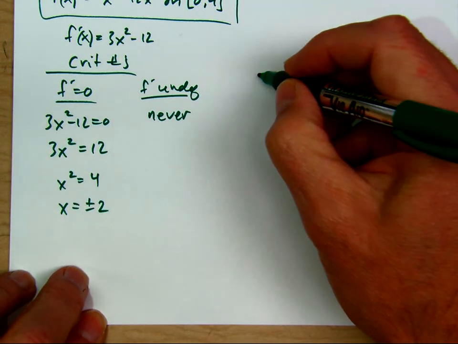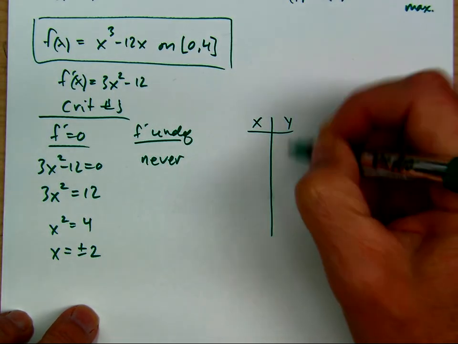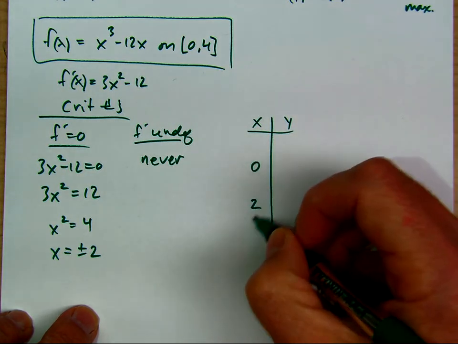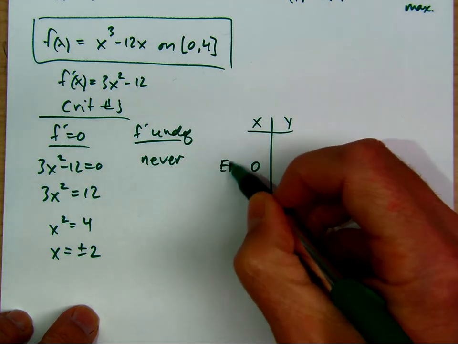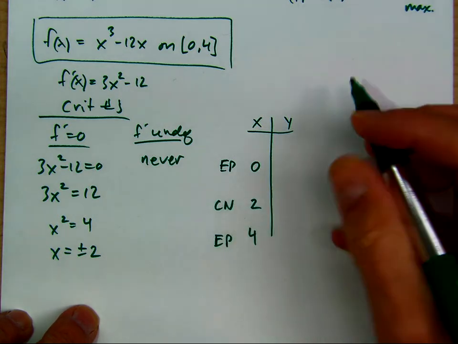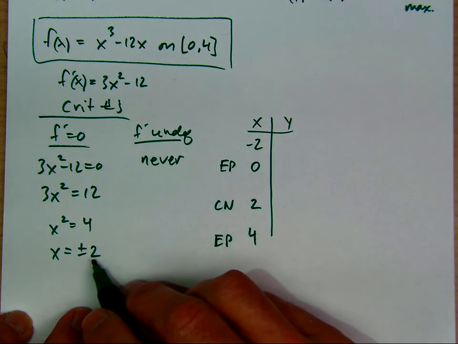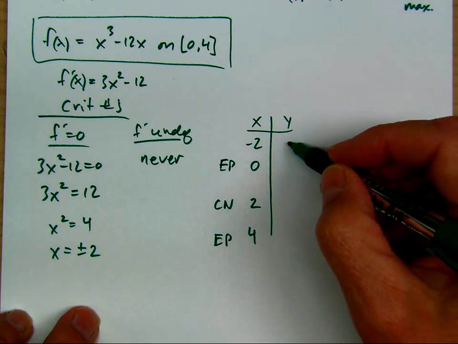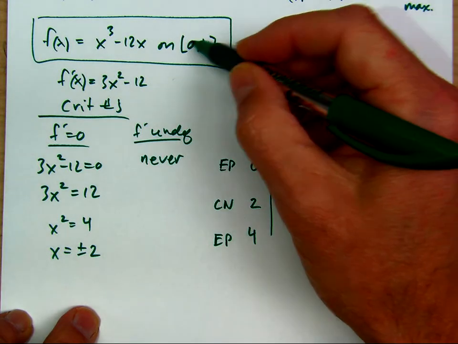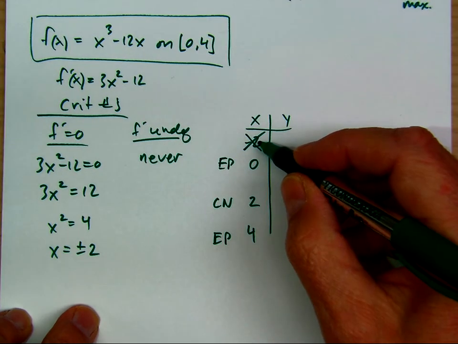And then let's look at the y values. We need the endpoint 0, 2, and 4. It's going to be incorrect if we use negative 2. Negative 2 is a critical number, and if it gave us a maximum or minimum, we would have the wrong answer because we only can look at 0 to 4. So don't use the critical number if it's not on the interval.